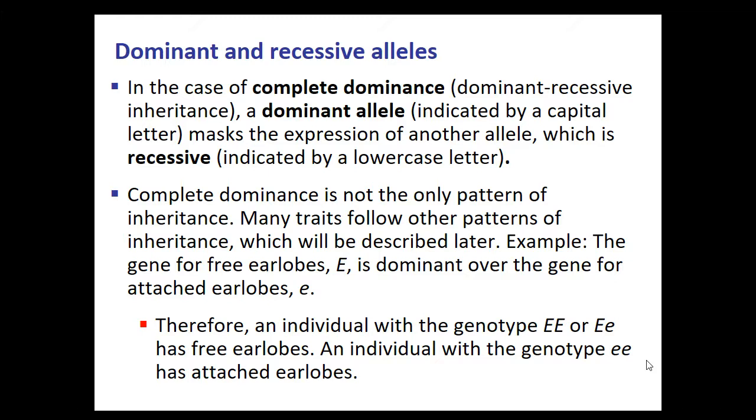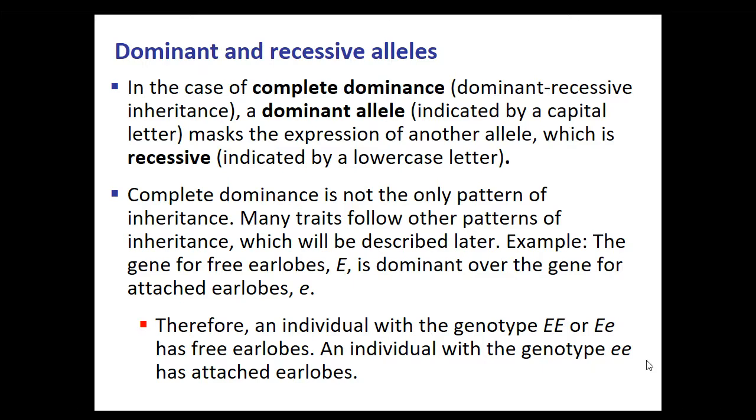We use the capital letter for the dominant allele and the lowercase letter for the recessive one. Dominant and recessive means that if you have one of each, the dominant one is the trait that you'll have. So the dominant is over the recessive one.